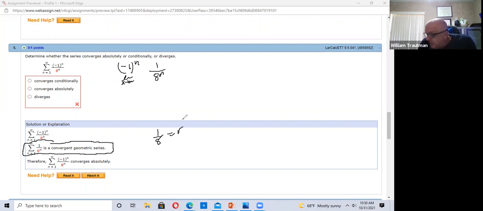And for a geometric series, if r is less than 1, then it converges. So this converges, and so does the alternating series. So the whole thing absolutely converges.